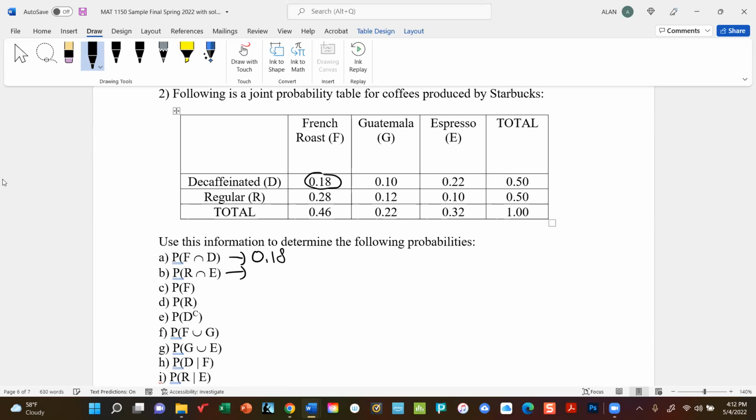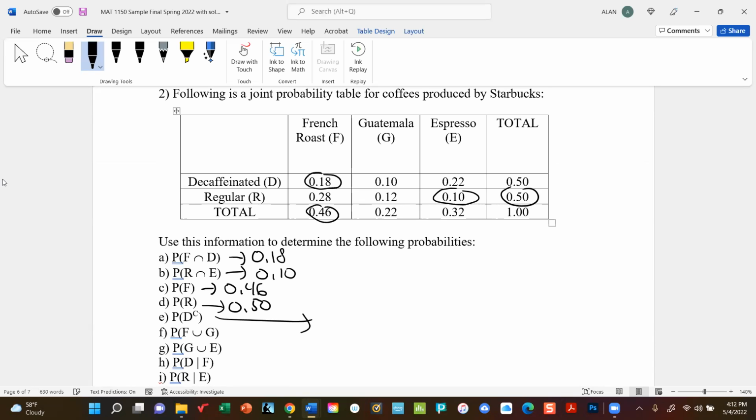R and E is regular espresso, 0.10. F is just plain French roast, 0.46. R is regular, 0.50. So already half of them we've just read off the table.